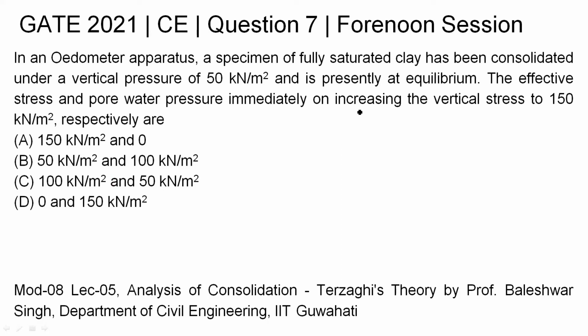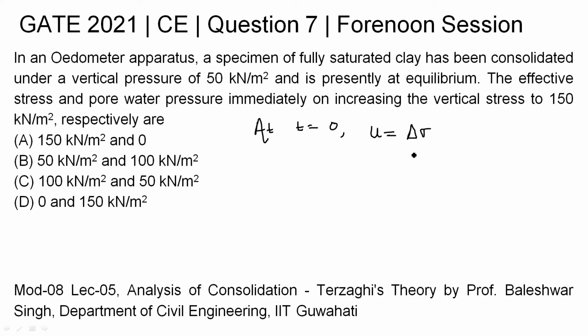So now our concern here is to find the effective stress and pore water pressure immediately. Immediately means at time t equal to 0. So we know at time t equal to 0, the pore water pressure becomes equal to the incremental stress.